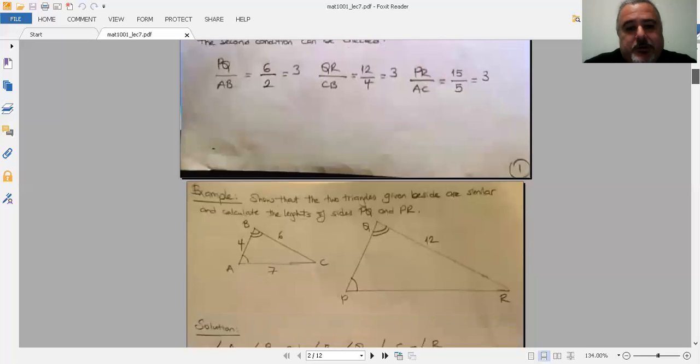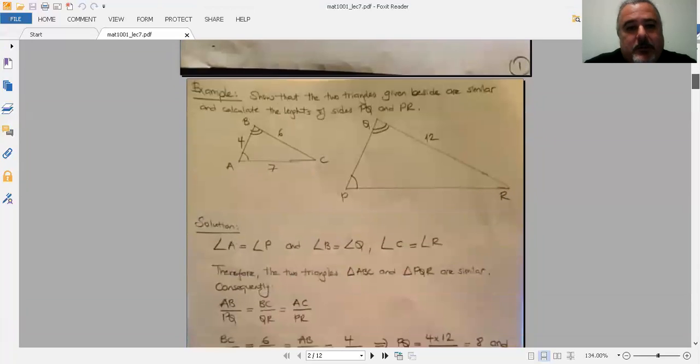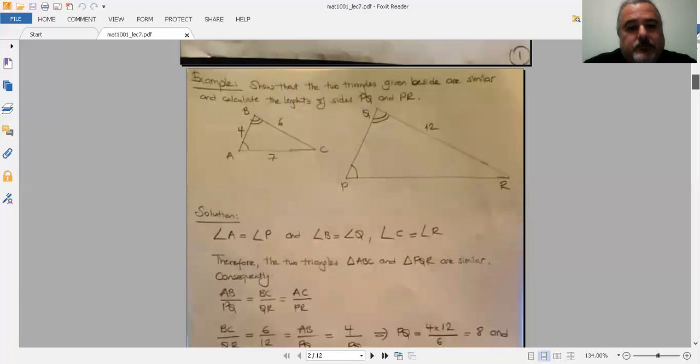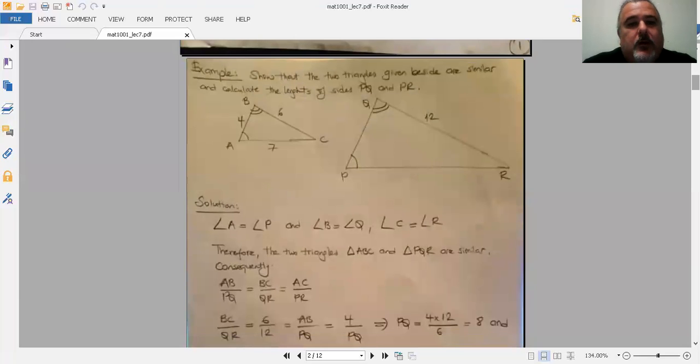So in the solution, let's see. Of course, you have to check the angle symbols. This angle is equal to this one, and this angle is equal to this one. And of course, the remaining one will be the same.